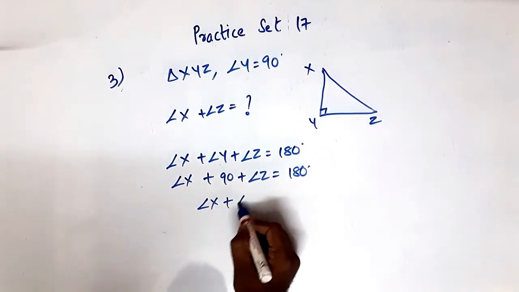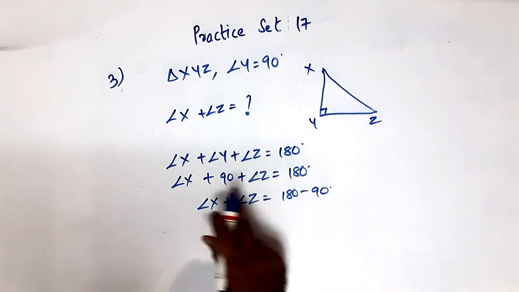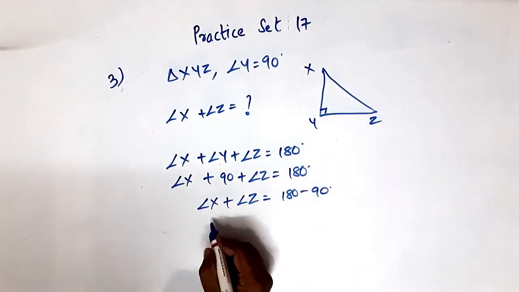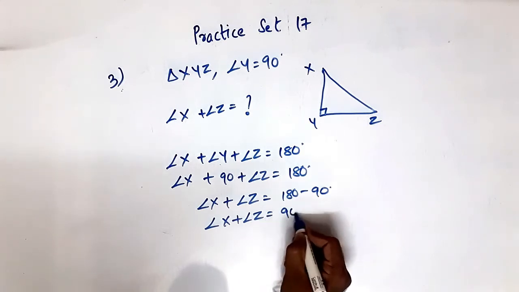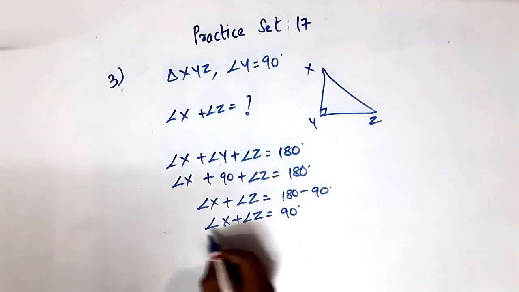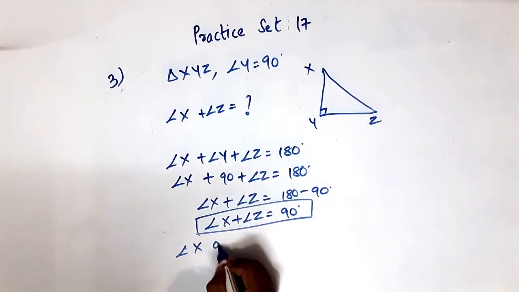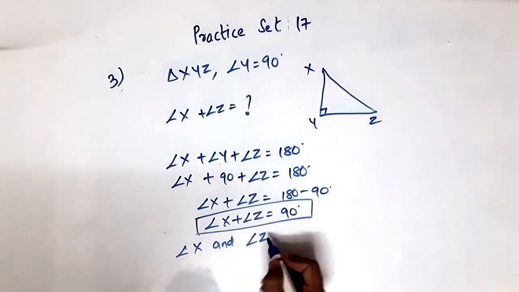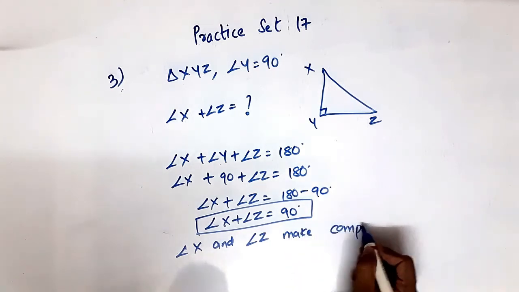Okay, so I'll write here angle X plus Y, I'll write 90 degrees, plus angle Z equals 180 degrees. Correct? I'll substitute this Y as 90 degrees. So angle X plus angle Z equals 180, 90 will move there, it will become minus 90. So angle X plus angle Z equals 90 degrees. What does this mean? This means that angle X and angle Z make complementary angles.